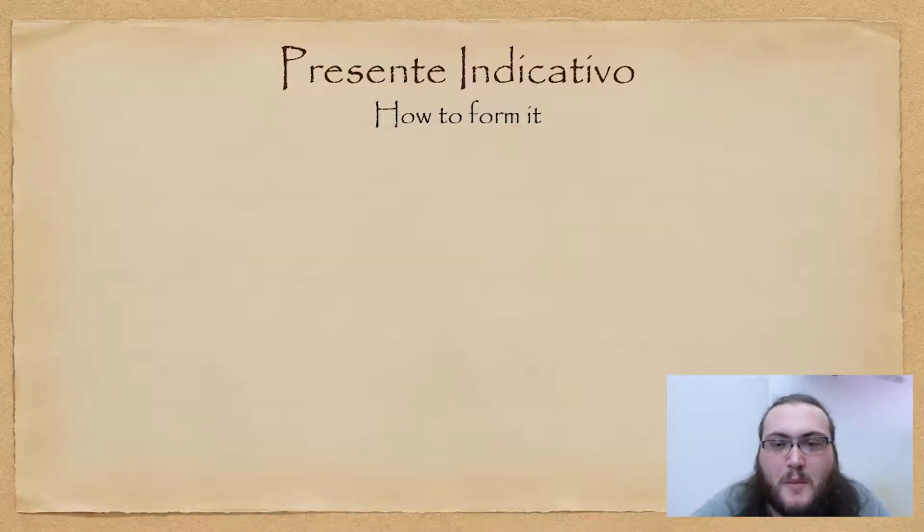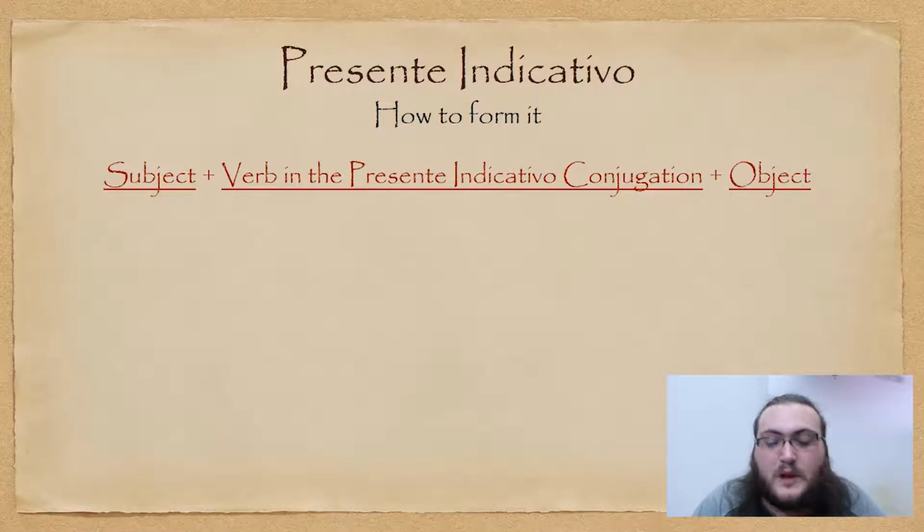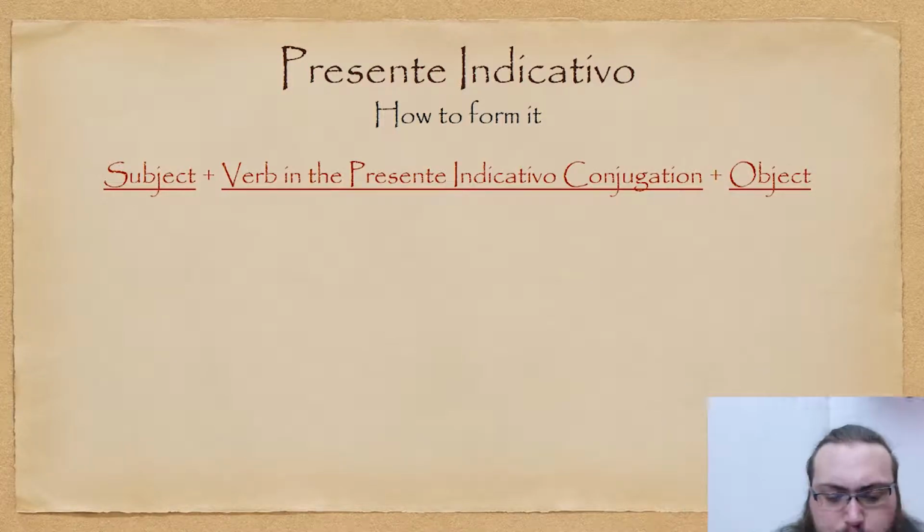How do we form the presente indicativo? We have the subject, plus the verb in the presente indicativo conjugation, and then we're going to see how to form this conjugation, plus the object of the sentence. Let's have a quick example.